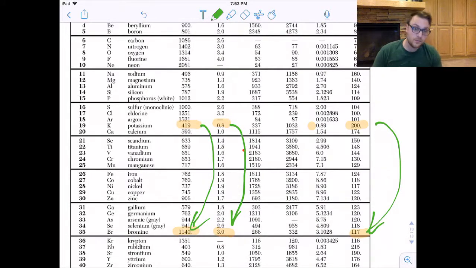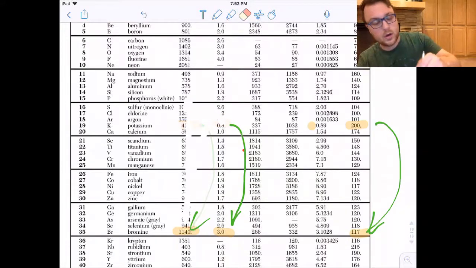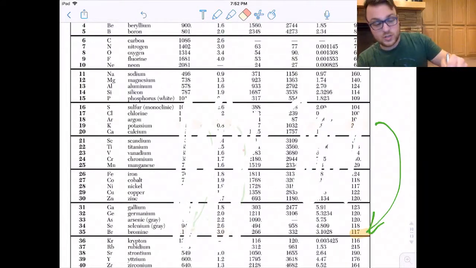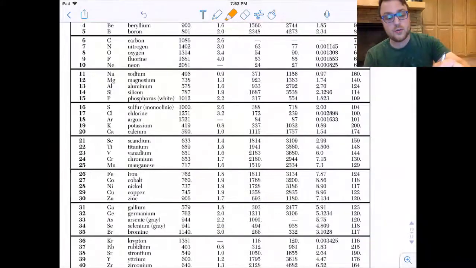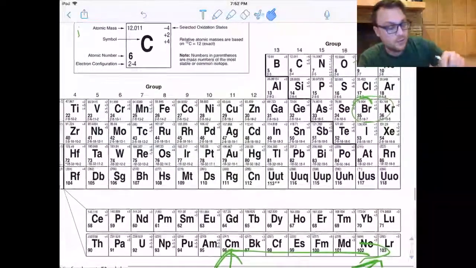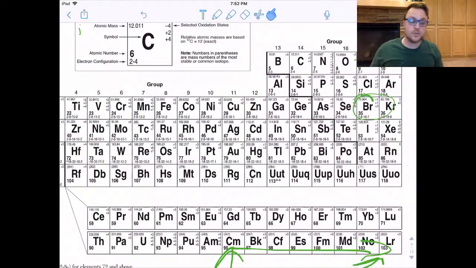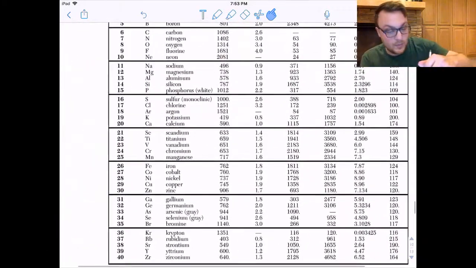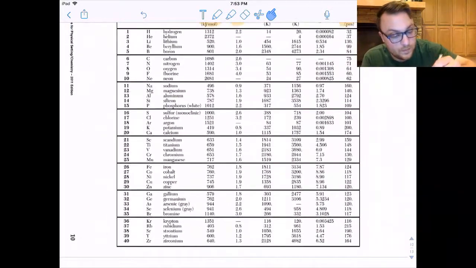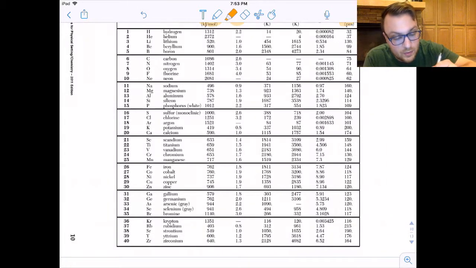And you can also compare groups. Now, groups is going to be a little bit harder, but you can look them up. So let's say you're comparing group 16, which is oxygen's group. So you have oxygen, sulfur, selenium, etc., etc. So I'm just going to do one of them because you'll get the idea. You'll find O's electronegativity, 3.4. There's sulfur at 2.6.